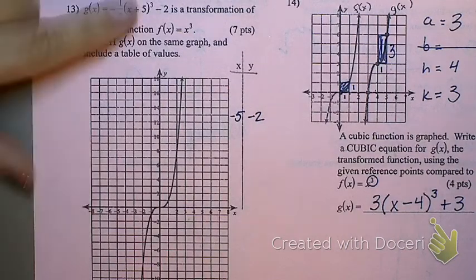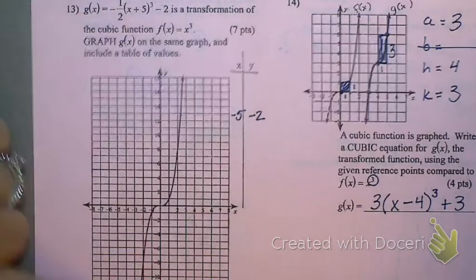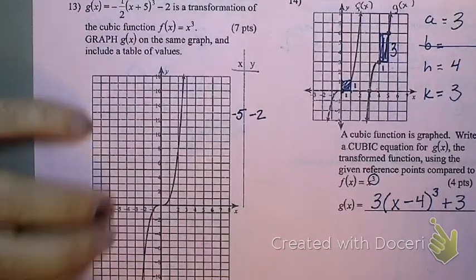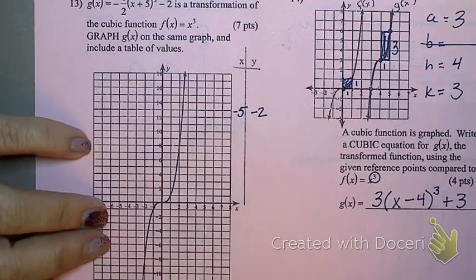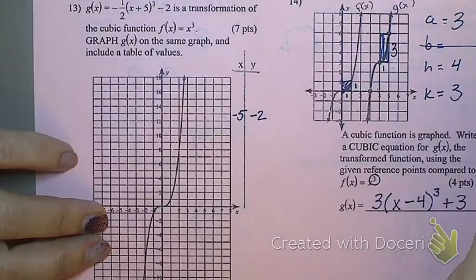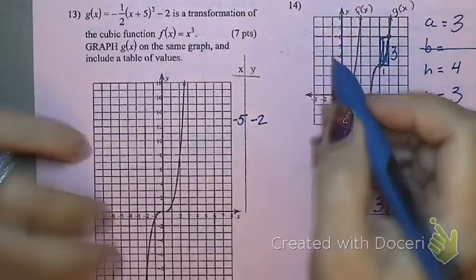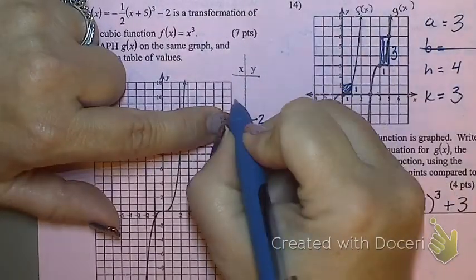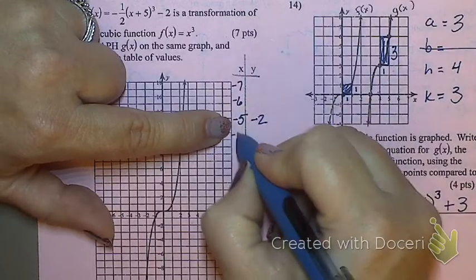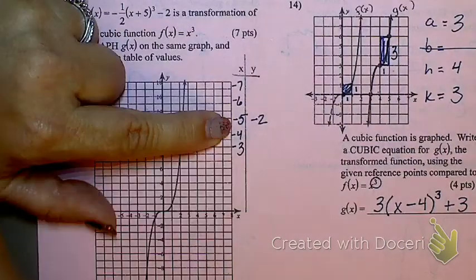In fact, I could graph this without the parent function even being there, right? It's just there for reference to kind of remind me of what shape I'm dealing with. What do I do once I put that in for my point of inflection? I put values around -5. So -6 and -7 in one direction, -4 and -3 in the other direction.